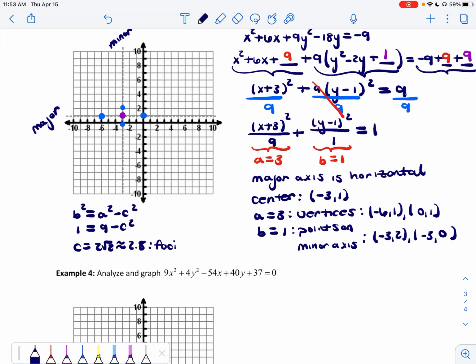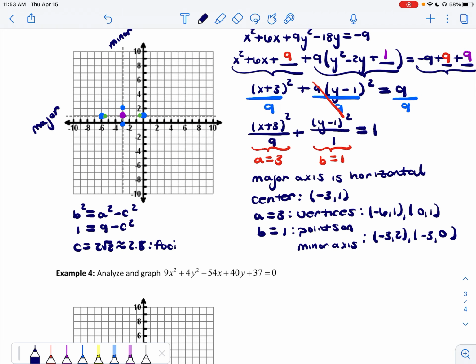All right, so that's going to give us our foci. That's going to tell us that from the center along the major axis, so to the left and the right, we're going out 2.8 units on either side. So 2.8 to the right, 2.8 to the left, and that gives us our foci.